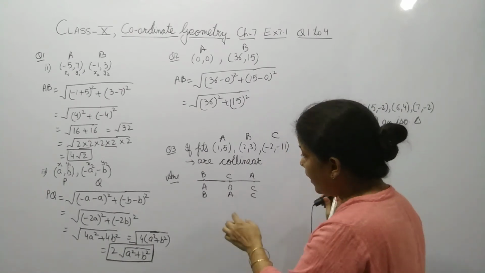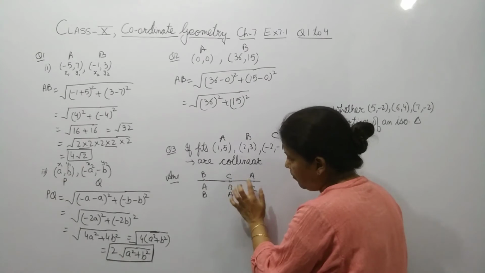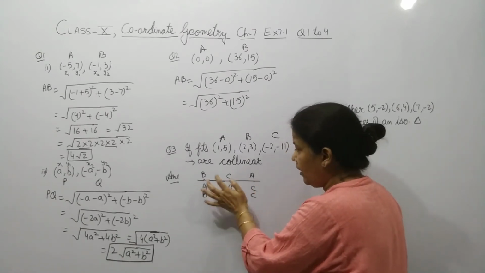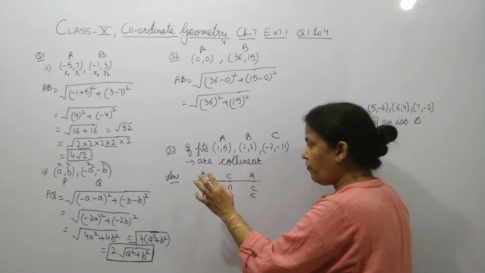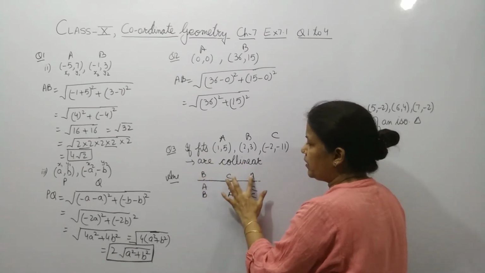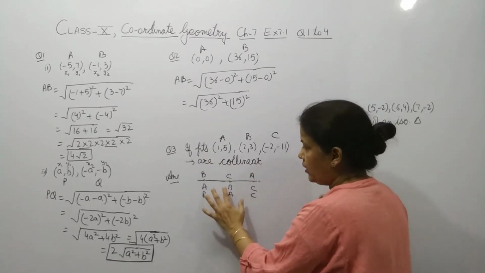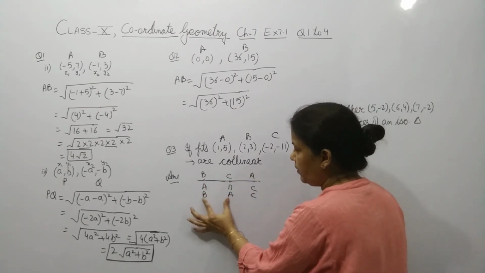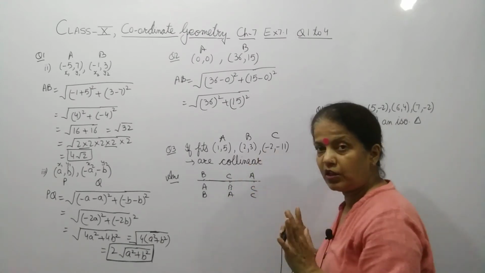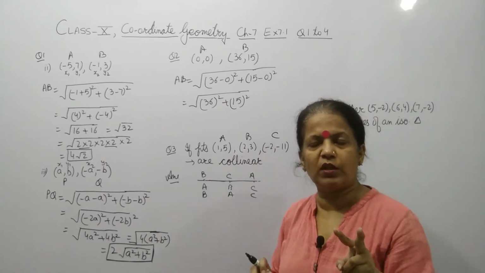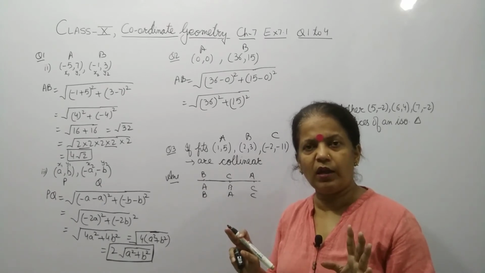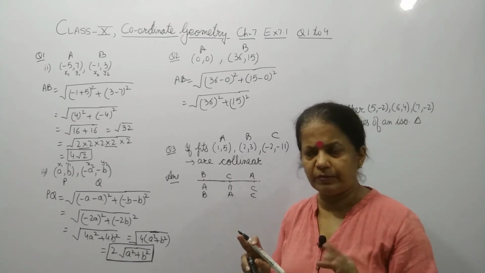And if you see here, ये collinear कब होगा, if the sum of any two distance is equal to third distance, sum of any two, it can be BC plus CA equals to AB, it can be AB plus BC equals to AC, or it can be BA plus AC equal BC also. Sum of any two distance should be equal to the third distance, then only the points will be collinear.